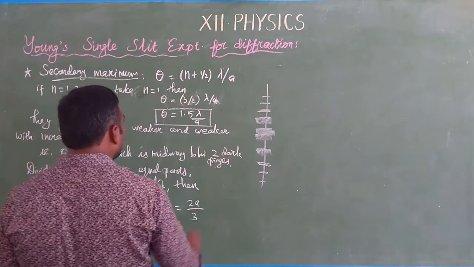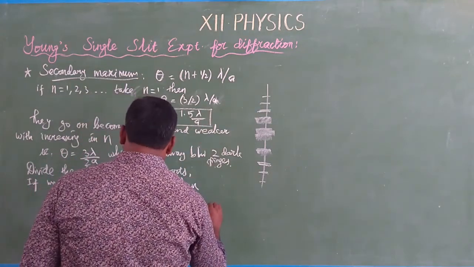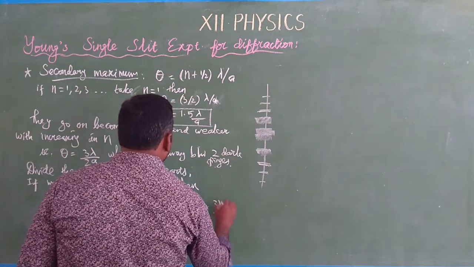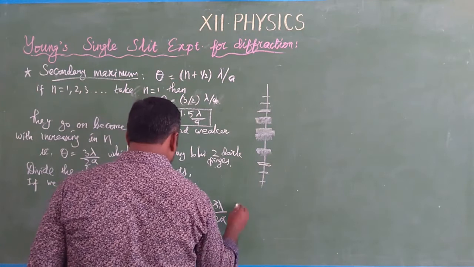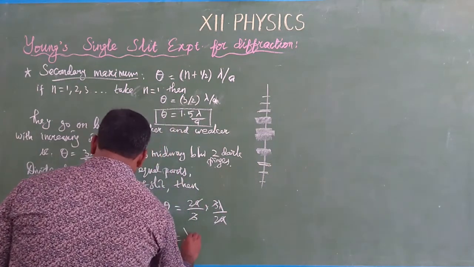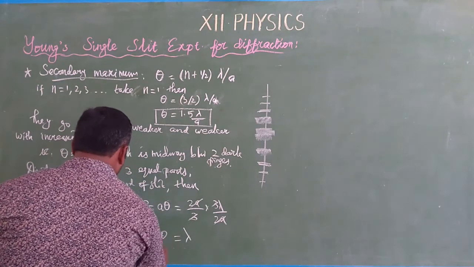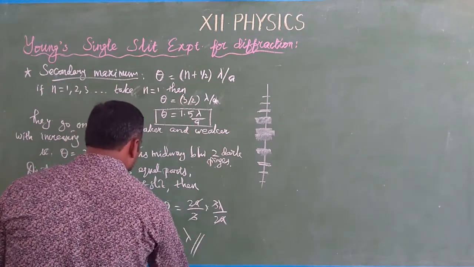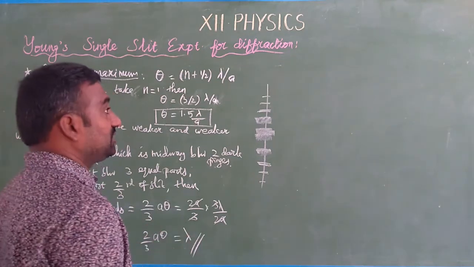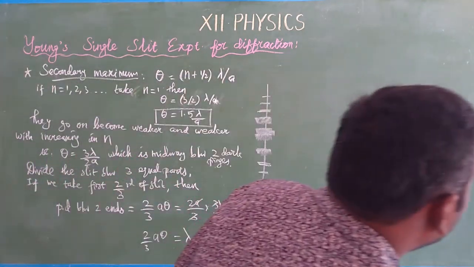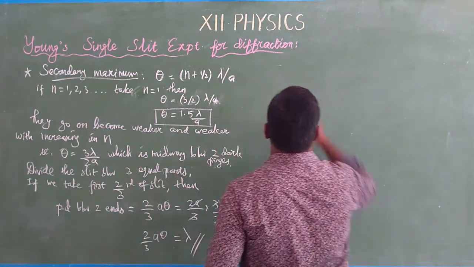Theta is equal to 3 lambda by 2a. That is the theta, no? Yes, substitute. Into 3 lambda by 2a. So 2a cancel, 3 cancel. Then we'll get, the first two-third of the slit has become wavelength, and the first two halves cancel out.